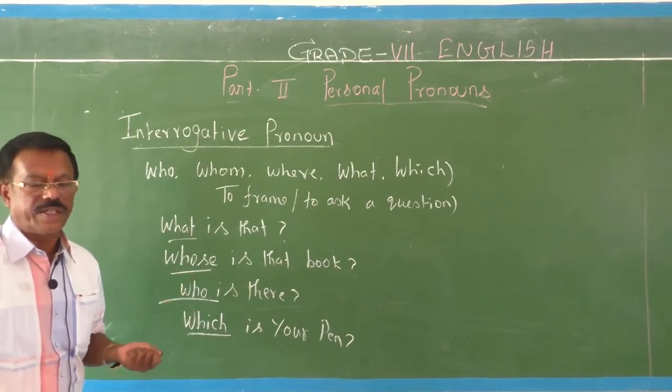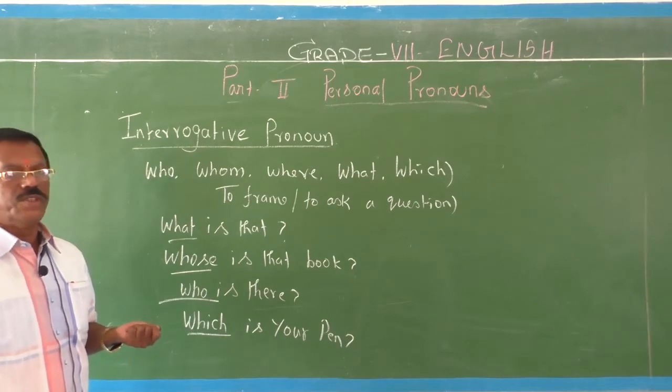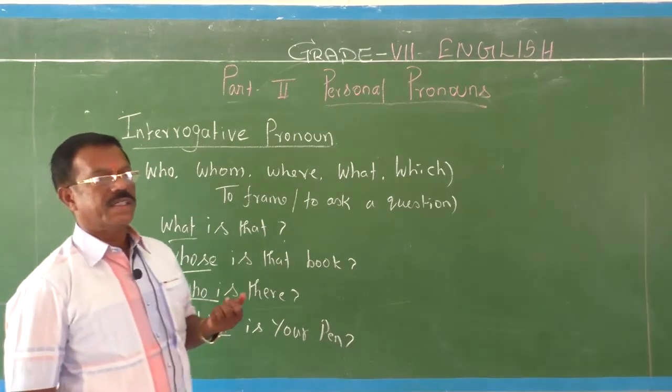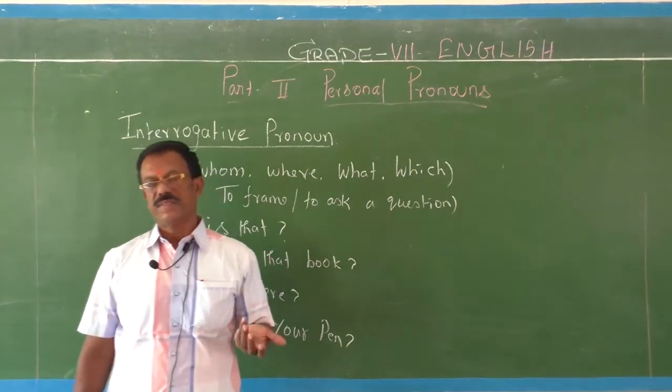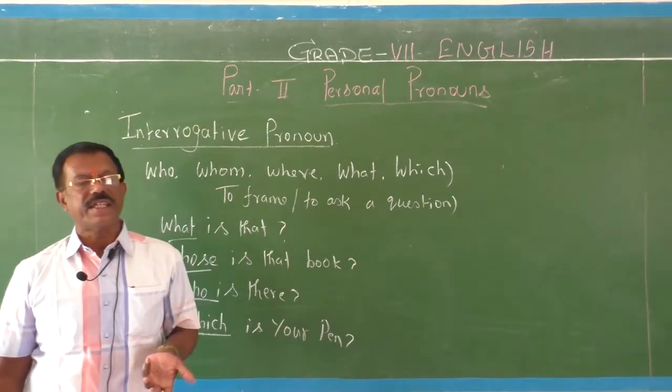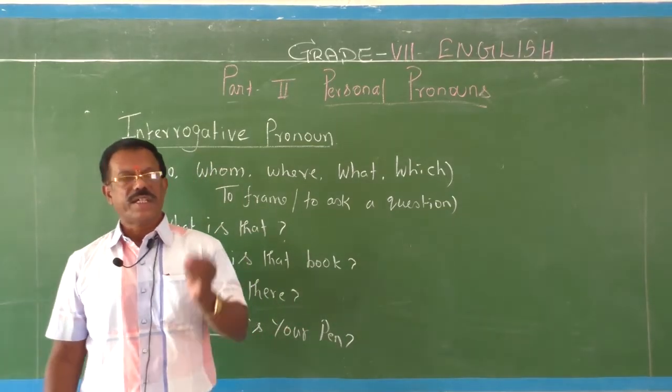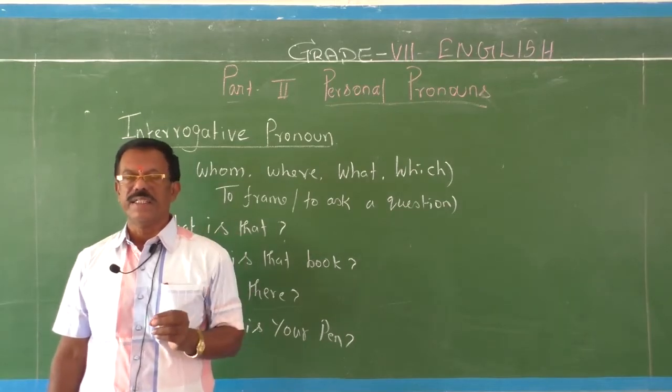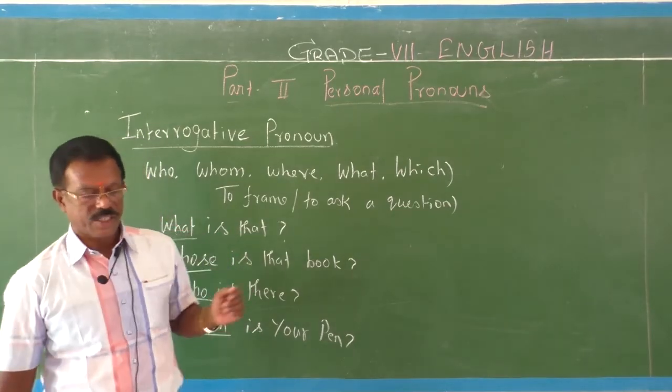And then the last one, indefinite pronouns. You know what is definite? Anything that has an end is called definite. If it does not have an end, then it is called indefinite. So it does not refer to anything particularly. That's called indefinite. So I will explain this, children.